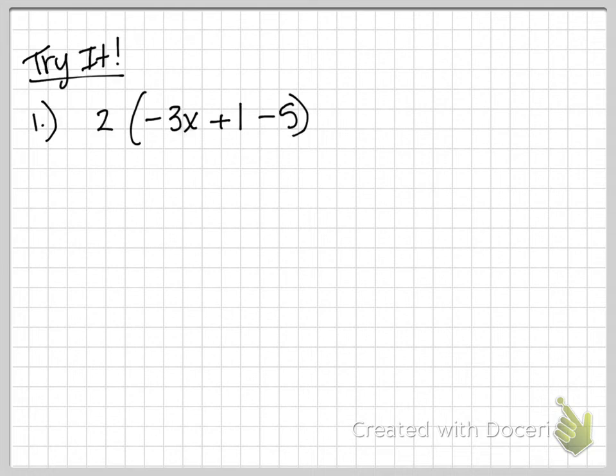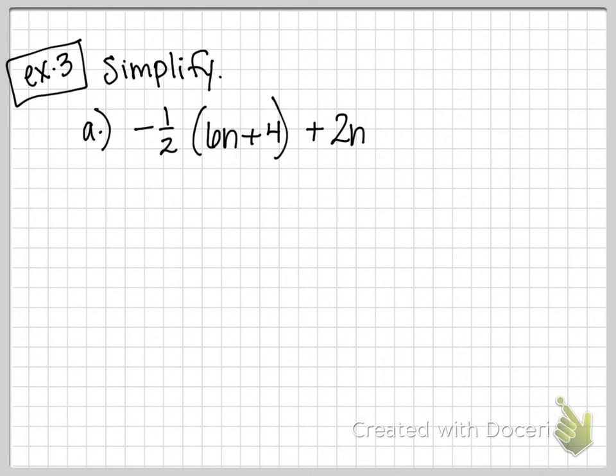All right. I'm not going to do a try it because we've done enough try its. Let's do one like this. We've got a few different terms here. Notice this little guy outside of the parentheses.